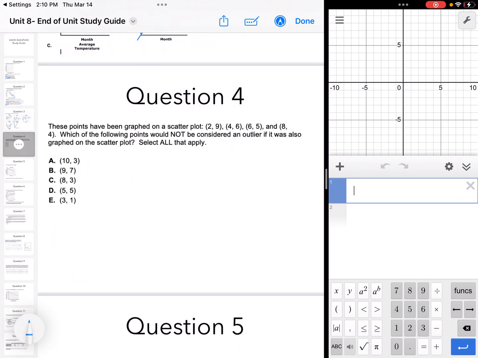These points have been graphed on a scatter plot. Which of the following points would not be considered an outlier?